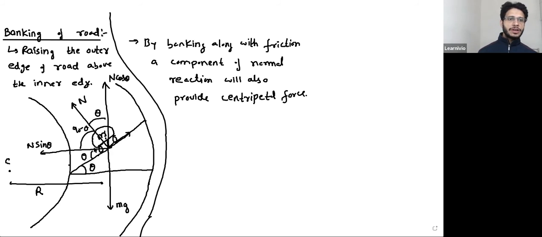So friction will definitely act down the plane. This is the center of the track here. You can take components of friction. This is one component, which is f cos theta. This is another component, which is f sin theta.